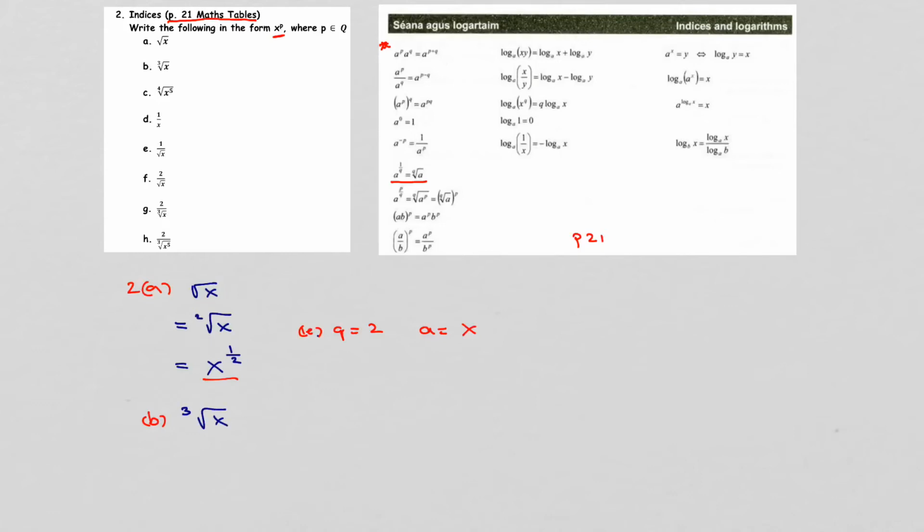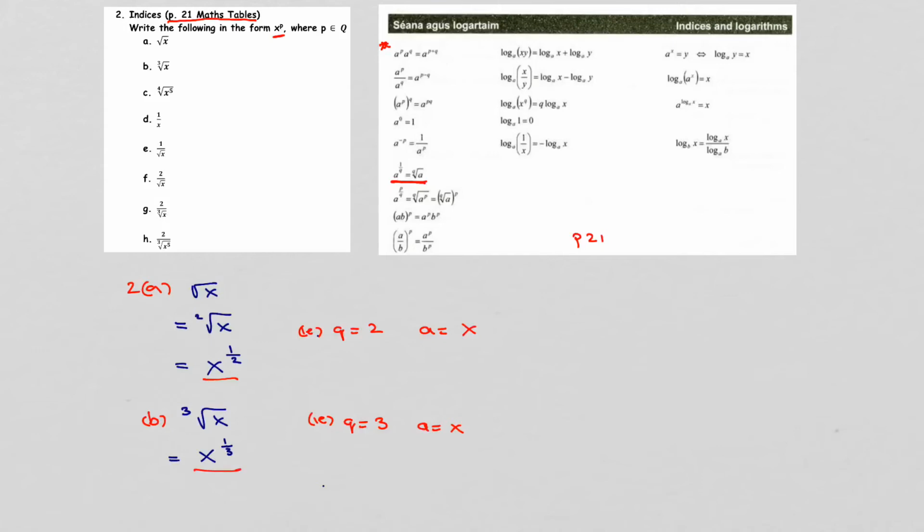Same rule, still looking at the q root of a. Again, q in this case is 3 and a is x. So the cube root of x is equivalent to a to the power of 1 over q, in other words, x to the power of 1 over 3.